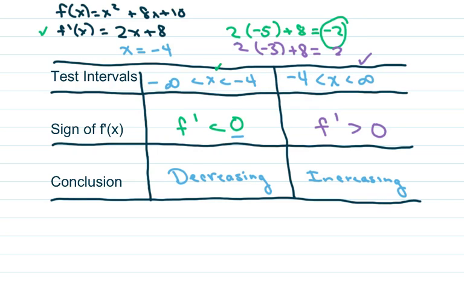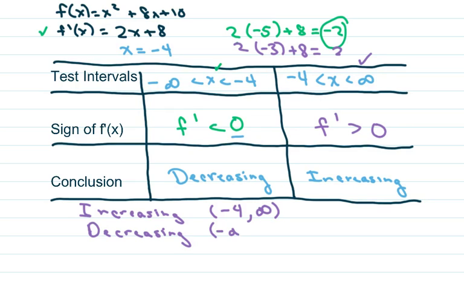And then all we need to do is write that it's increasing on the interval -4 to infinity, and decreasing on -infinity to -4.